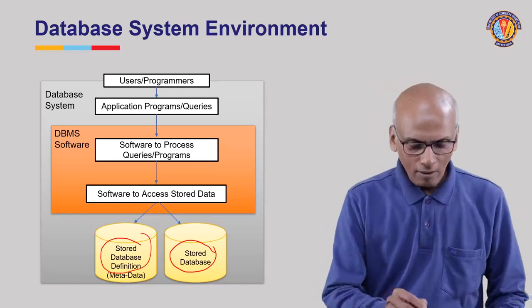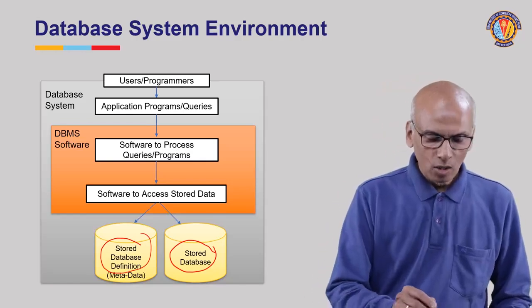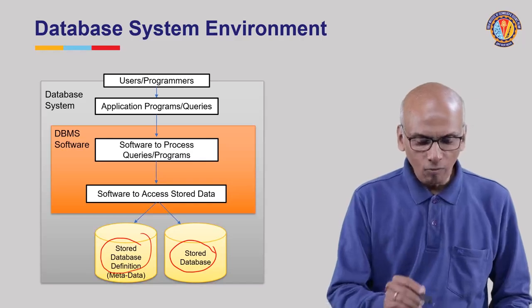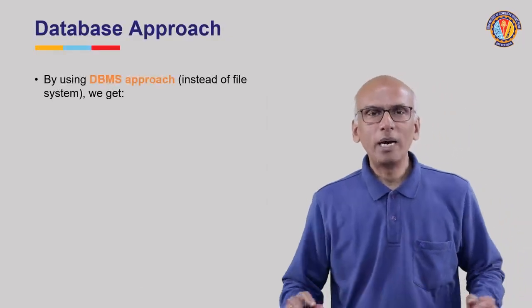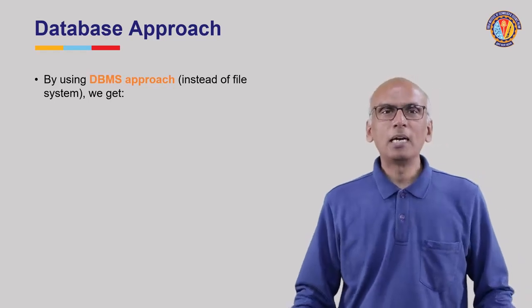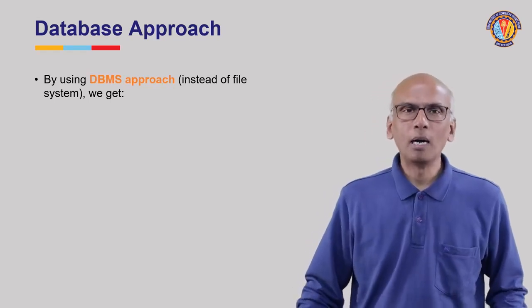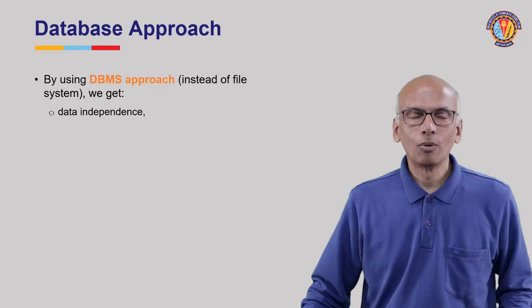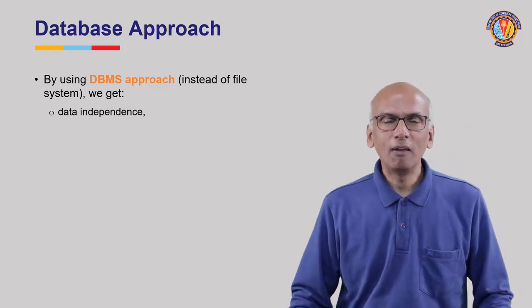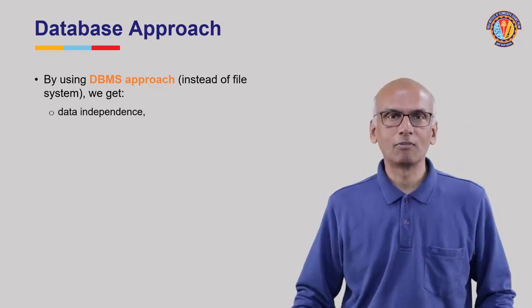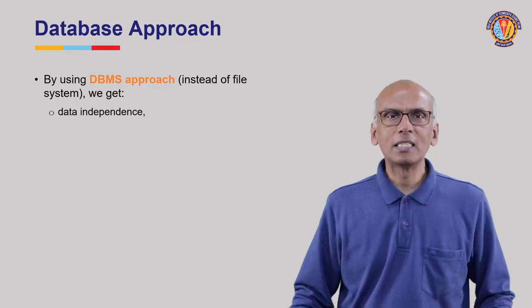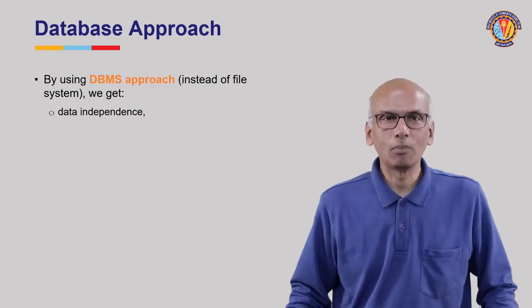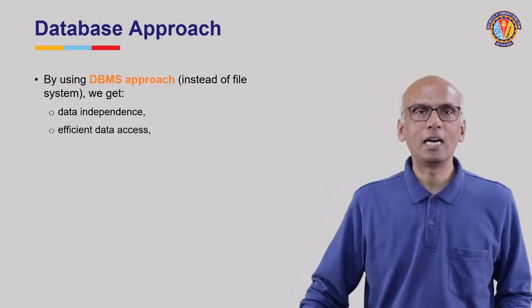By having this functionality, the DBMS can offer the application program several benefits. It can make the application program not worry about data. If there is some change to the structure of the data, it is not necessary to change the application program that we are writing to access the data.